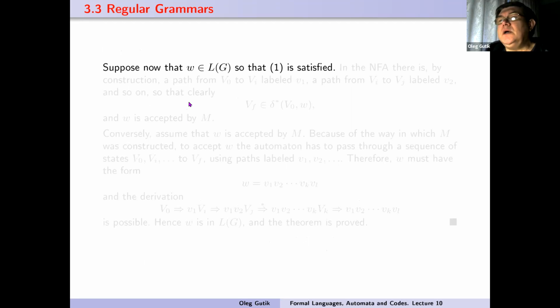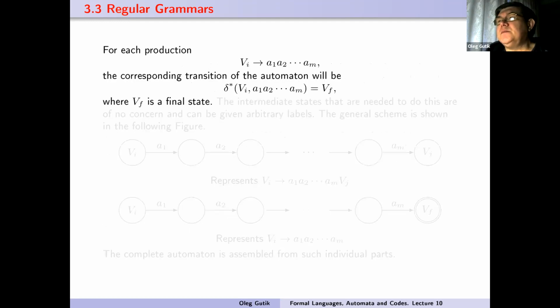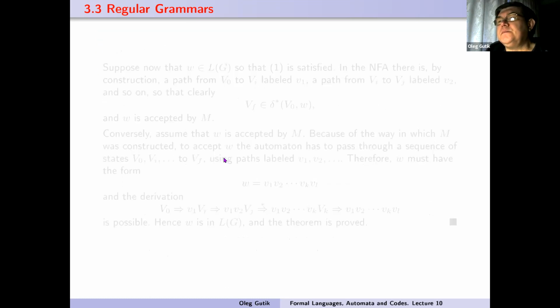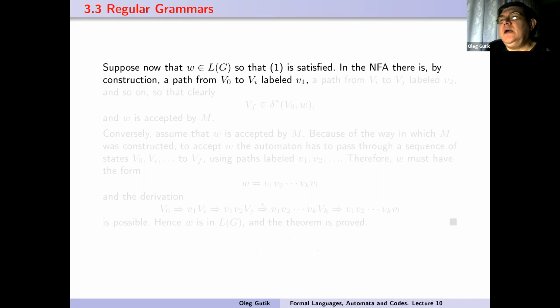Suppose now that w belongs to L(G), so that this formula 1 is satisfied. It's a deterministic finite acceptor.